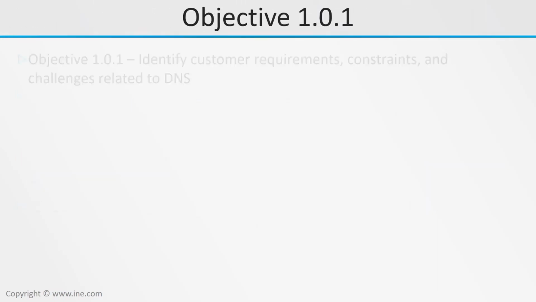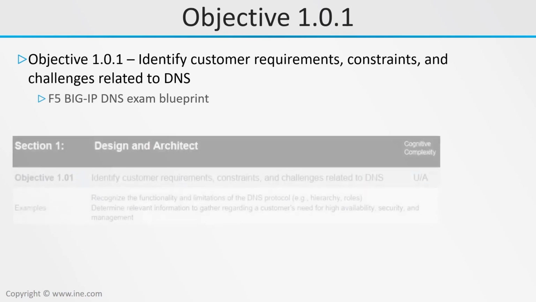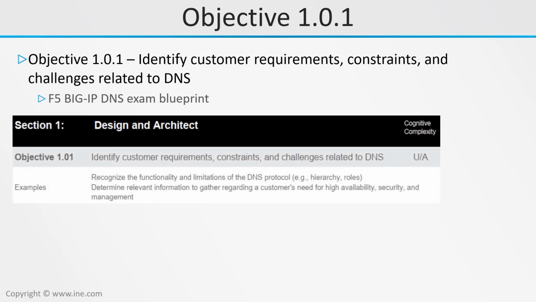Okay, so let's take a look at our first objective from the F5 exam blueprint. It's 101. We're in the Design and Architect section, and it is to identify customer requirements, constraints, and challenges related to DNS. So we're going to go over the functionality and the limitations of the DNS protocol.